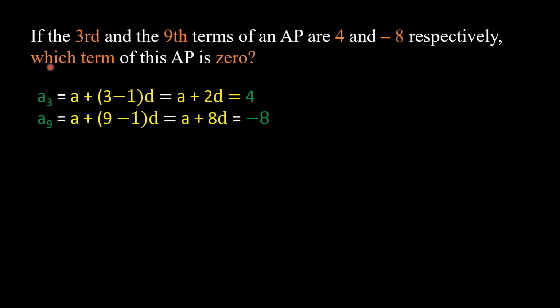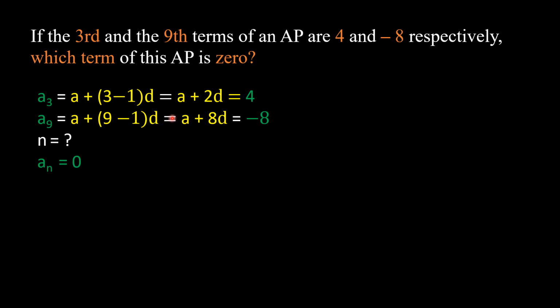Now we have to find which term of this AP is 0. That is, we have to find n. Since we do not know which term of this AP is 0, we will assume that term which is 0 to be An and write An equals 0.